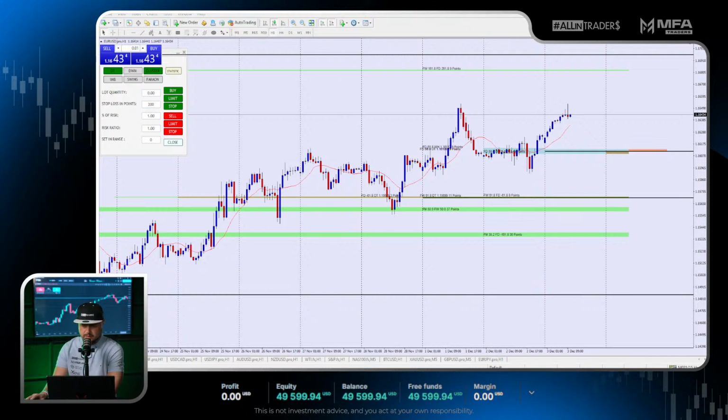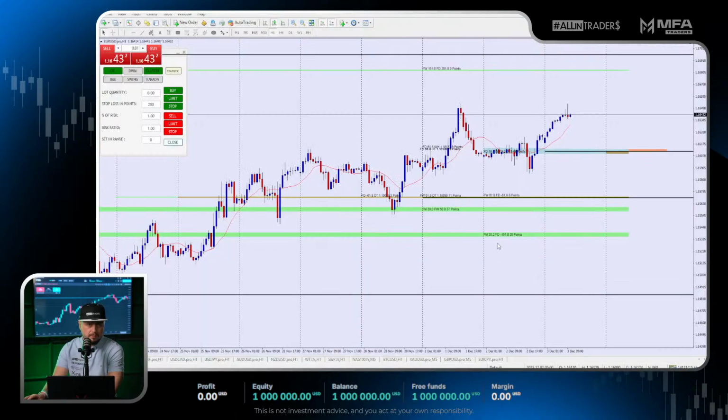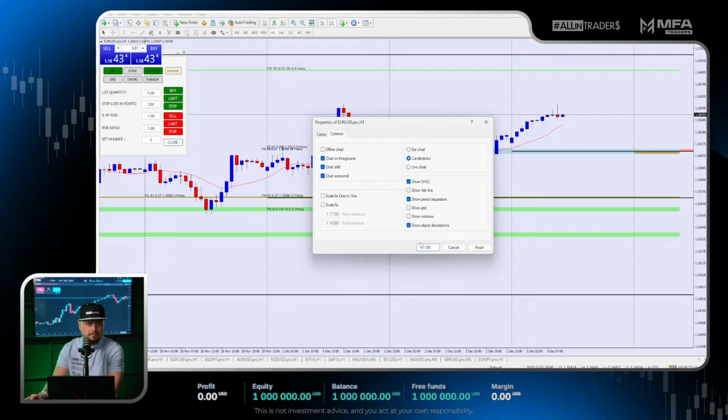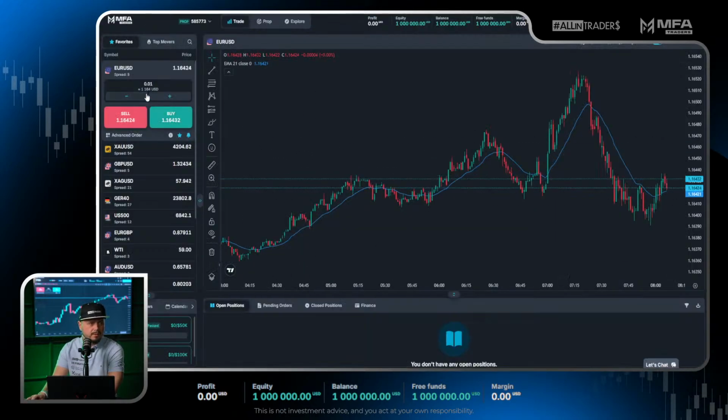So let me just open the platform. We want to set order for reaction at the target, and the target is at level 1.6109. Okay, 1.6109.